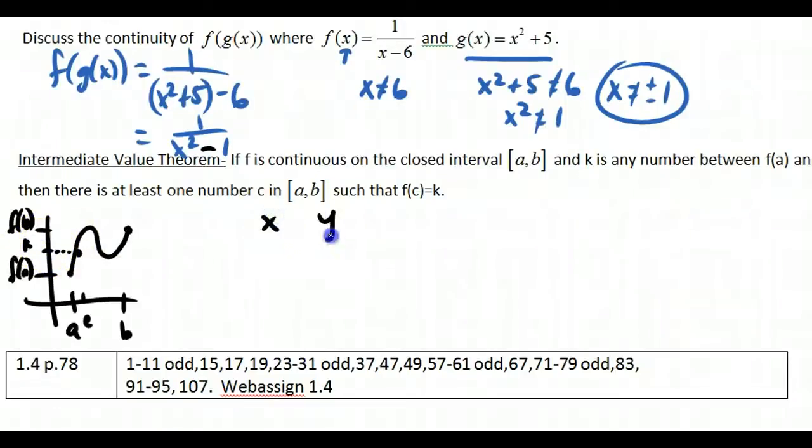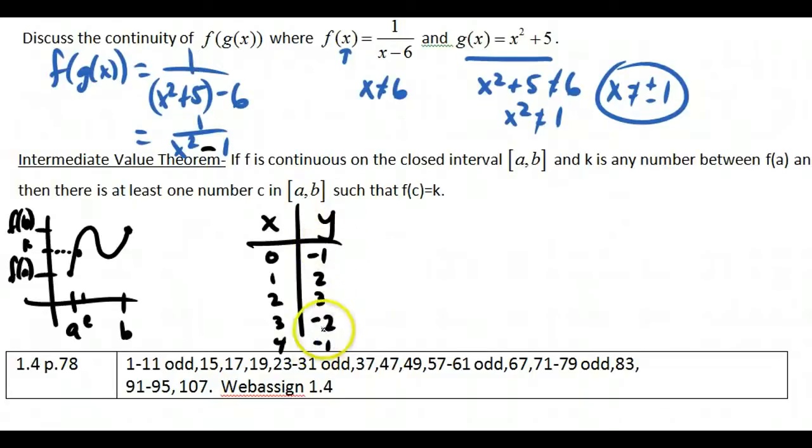Now where would this be useful? I think the most useful place for this is if I have, for instance, a t-chart here, and I have some specific values. If I have some y values that are associated with these x values, and I know that I have a continuous function, I know that between a -1 and a 2, somewhere in there I have to have a 0.